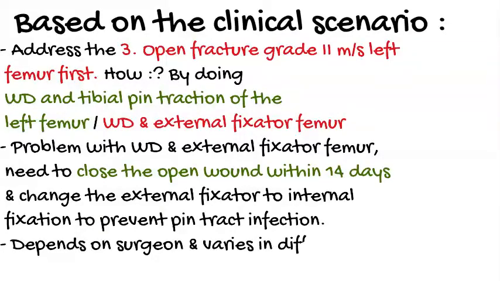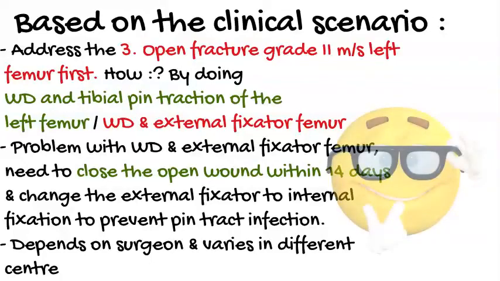The problem with an external fixator of the femur is we need to close the open wound within 14 days and change the external fixator to internal fixation to prevent pin tract infection. The management may vary, depending on the surgeon and practice in different centers.